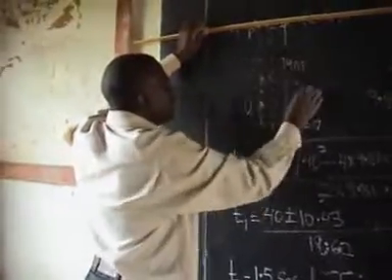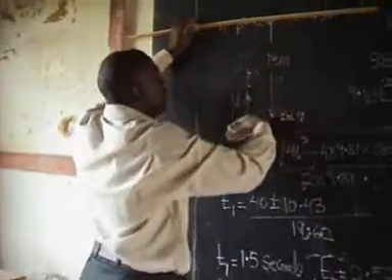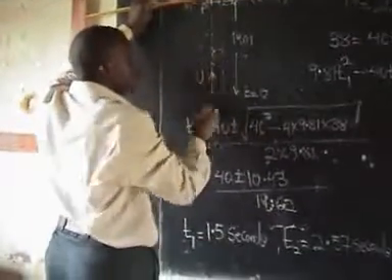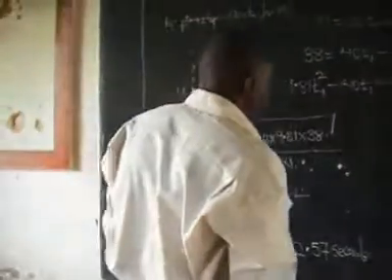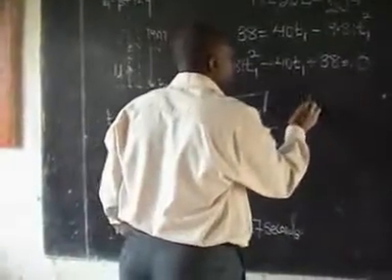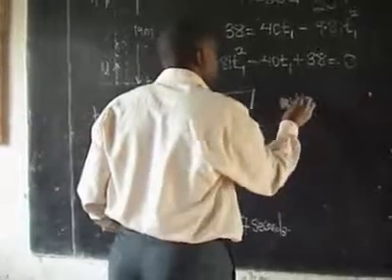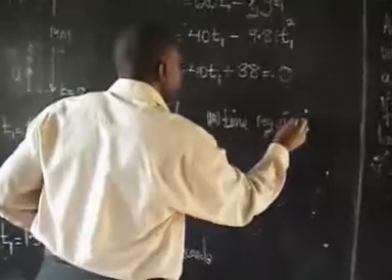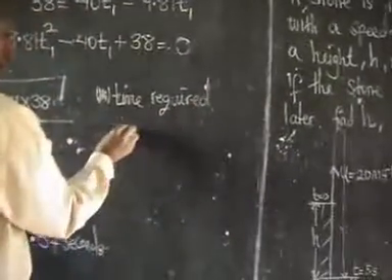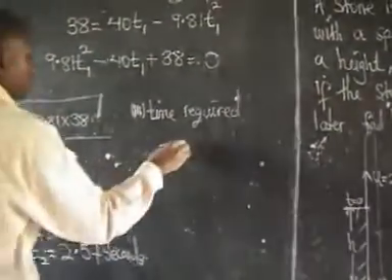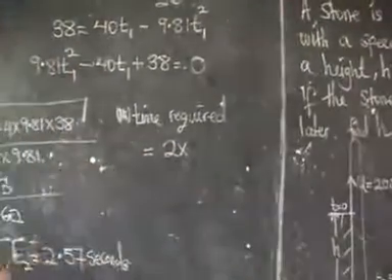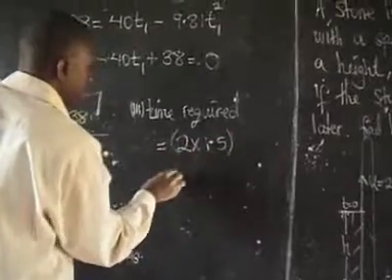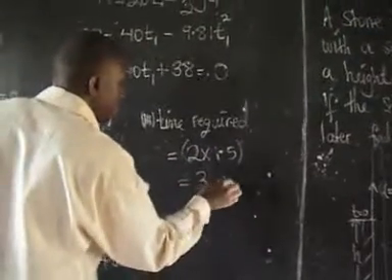So this interval is when the stone is below, and therefore the required time we are going to multiply by 2. So part 3, the time required is equal to twice t1, 1.5, and this one will give us 3 seconds.